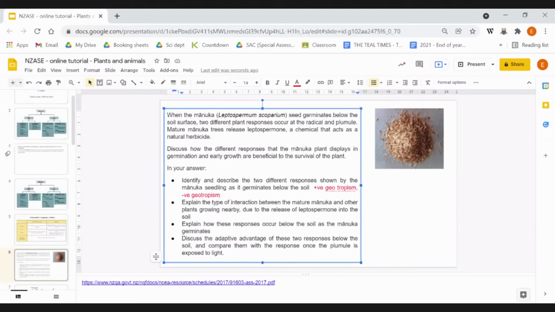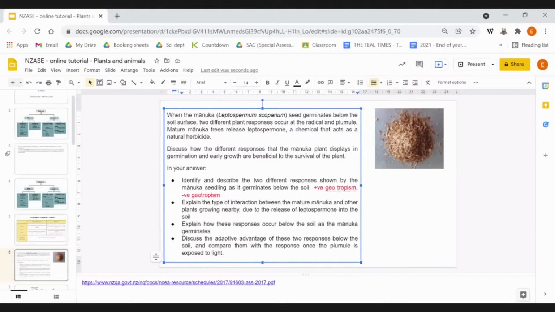Or you could talk about it simply as an exploitation relationship, which is when one organism benefits and the other is harmed. So the Manuka will benefit because it is able to reduce interspecific competition.